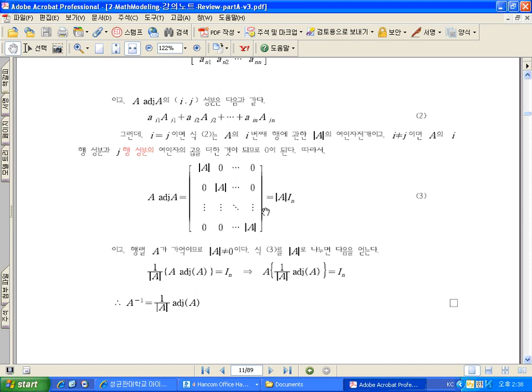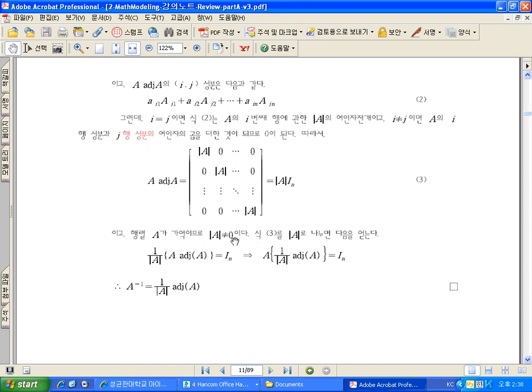Okay, so from the assumption, since the matrix A is invertible, we can divide equation 3 by the determinant of A. Then 1 over determinant of A times adjoint of A is the identity matrix. Since A is an invertible matrix, if we multiply A inverse on both sides, then A inverse goes this way.